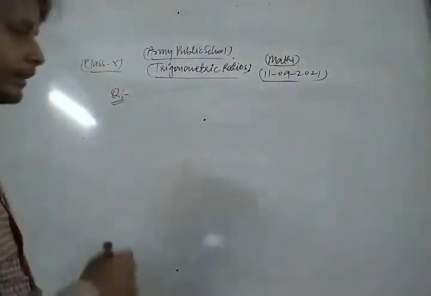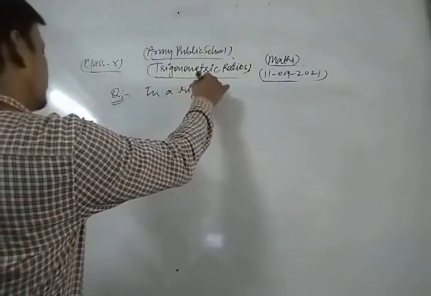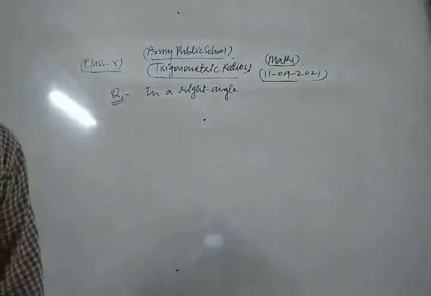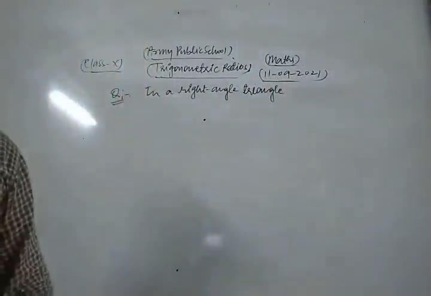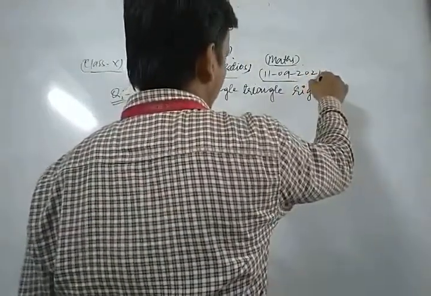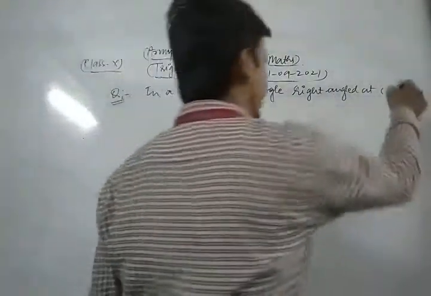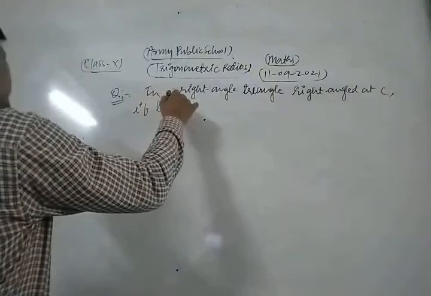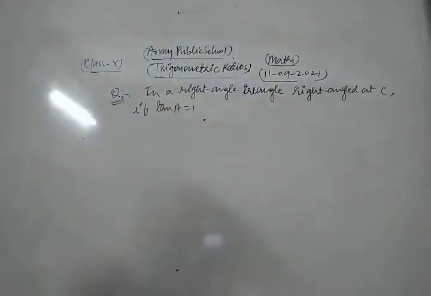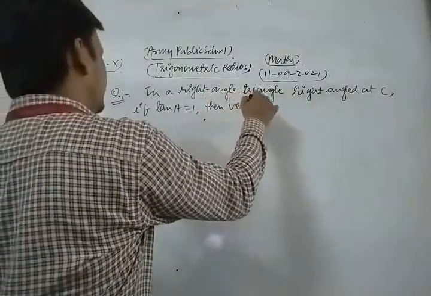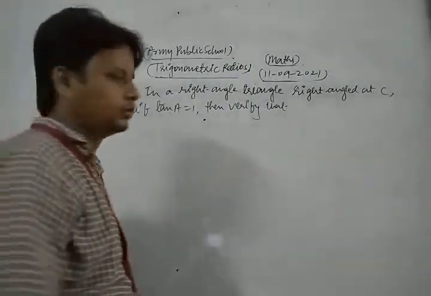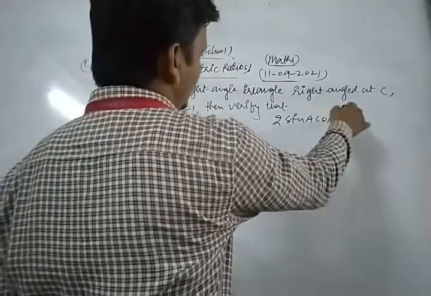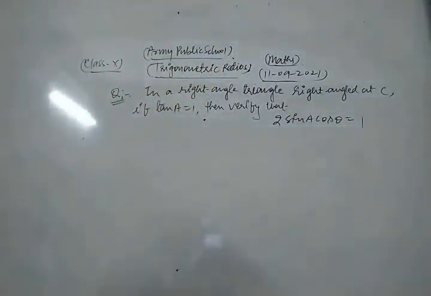The question is: in a right angle triangle, right angled at C, if tan of angle A is equal to 1, then verify that 2 into sin A into cos A is equal to 1. Now let's see its solution.